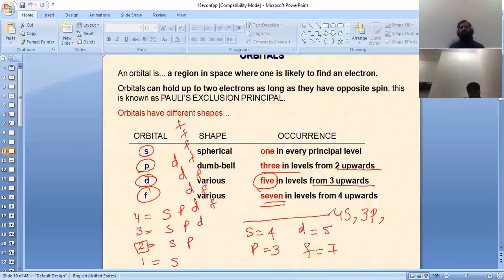But sir, this depends upon their availability. For example, in level 5, will there be any S? Yes, S will also be there. So sir, if P is in just 3 levels, then will P be there in level 5?